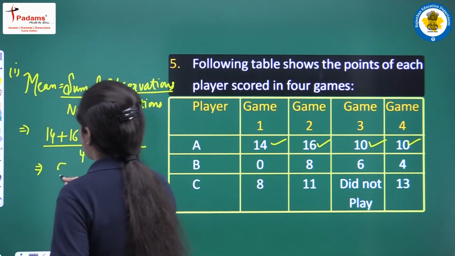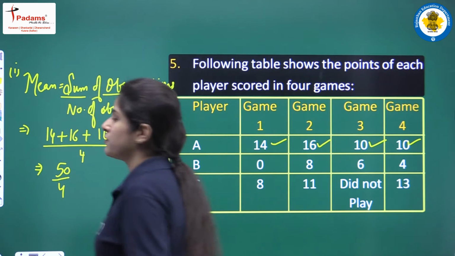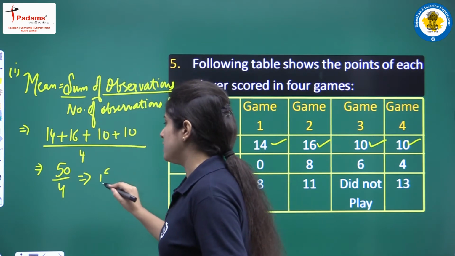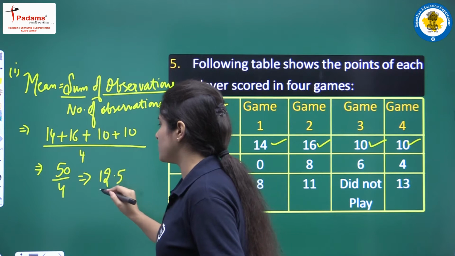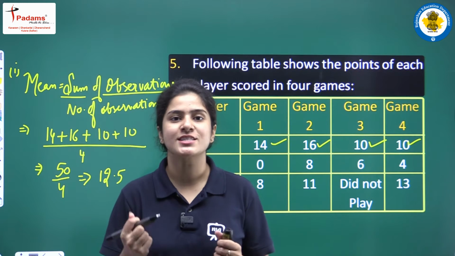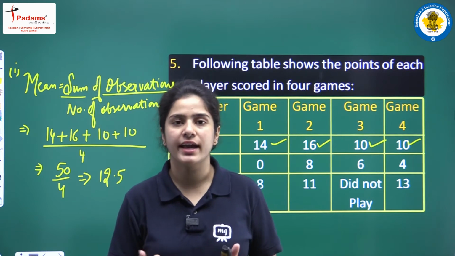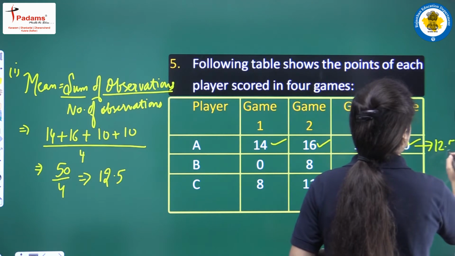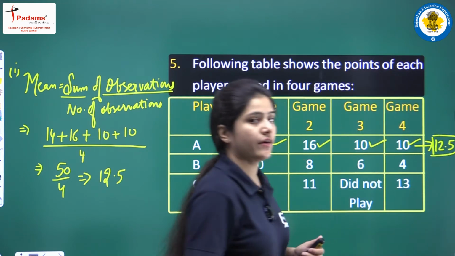So it is 50 upon 4. 50 upon 4 is equal to 12.5. Okay students, this is 12.5. So what is the average score of player A? That is 12.5. This is the average score of the player A.